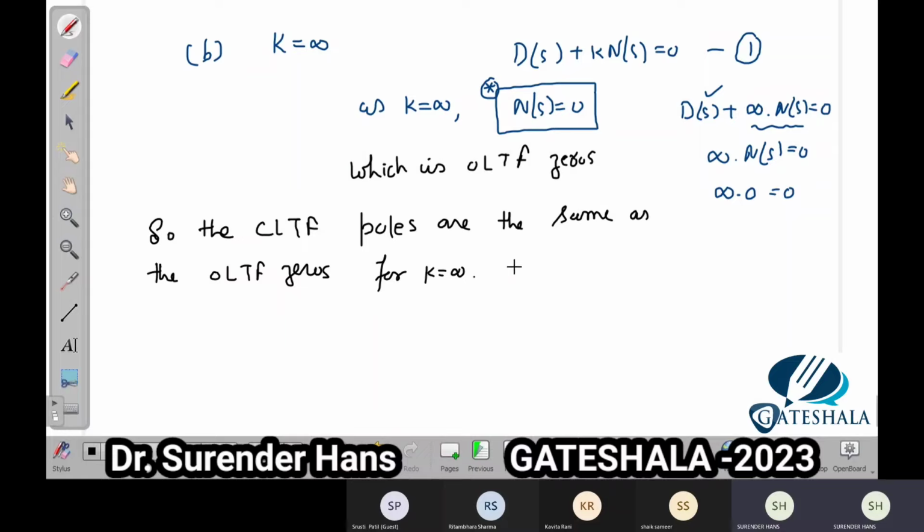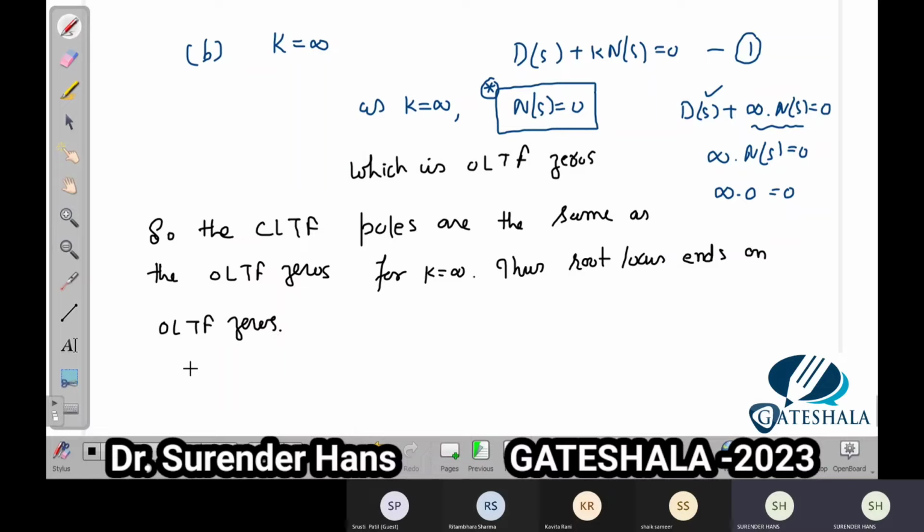Because this is the final point, thus the root locus ends on open loop transfer function zeros. Clear?